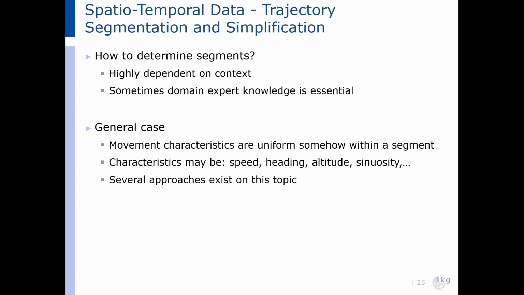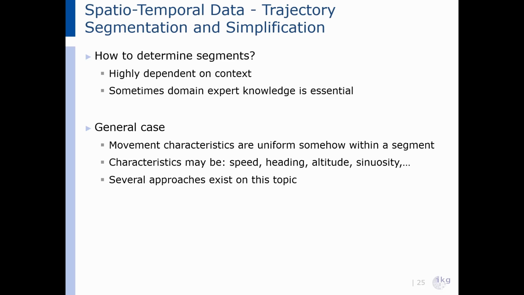So we have to first separate them in order to analyze it. The question is how to define those segments. This is highly context dependent. In some cases you need domain experts to define the rules, but in general the idea is that within a segment the movement characteristics are relatively uniform. Examples of such characteristics include speed, heading, altitude, or sinuosity.